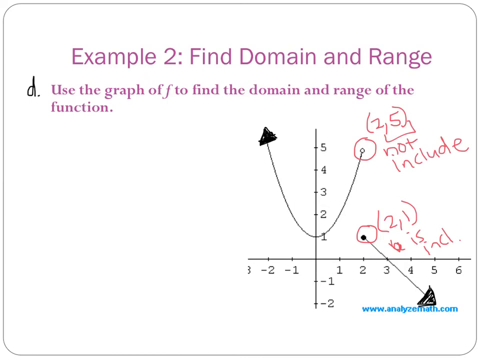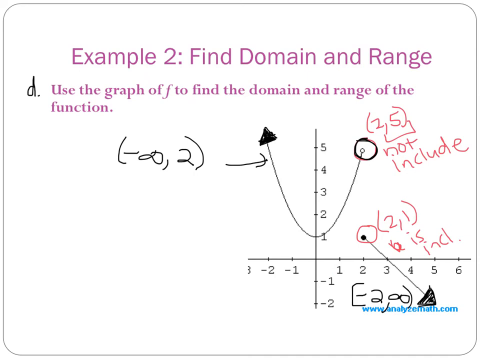Okay, so if we're looking at this in terms of the domain, the first piece, its domain goes from negative infinity to 2, and 2 is not included because of this open hole right here. And this piece down here, with the line that goes downward and to the right, its domain is from 2 to infinity.